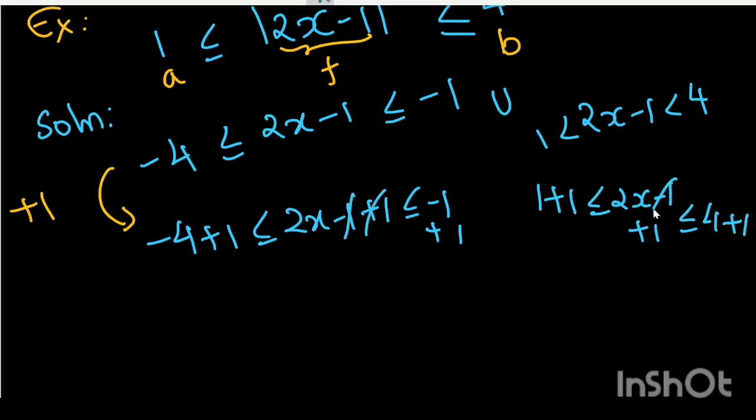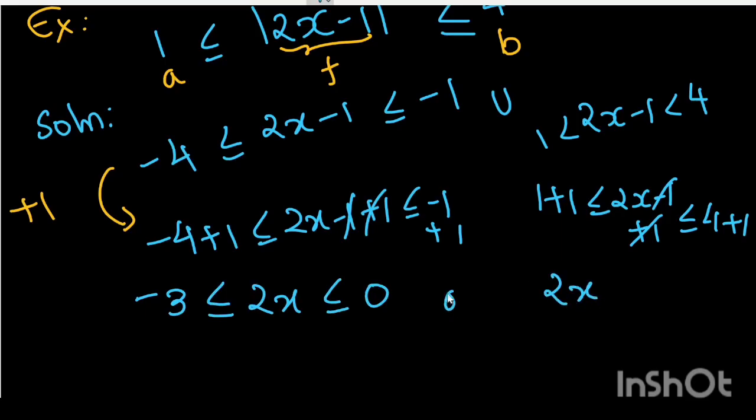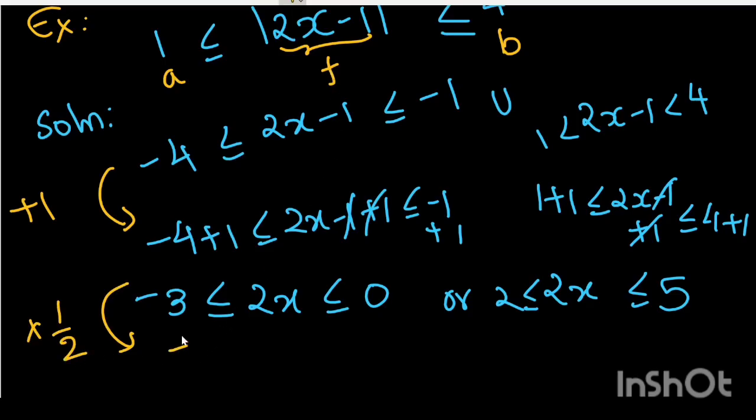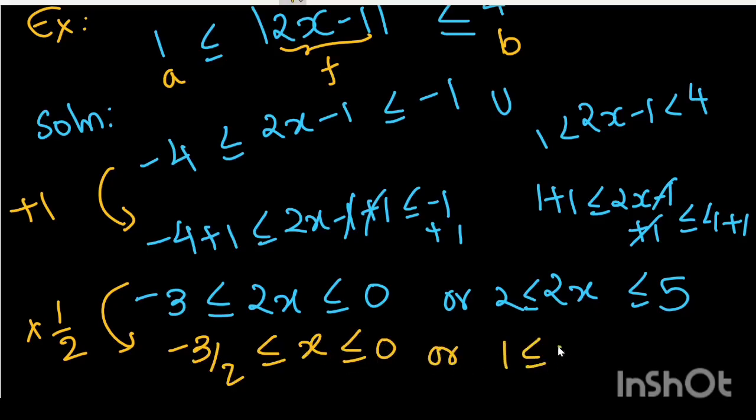Minus 1 plus 1 cancels out. We are left with minus 3 less than equal to 2x less than equal to 0. And here we are left with 2x between 2 to 5. Now again multiplying by what to get x? So multiplying by half. So it gives you minus 3 by 2 to 0, or x from 1 to 5 by 2.